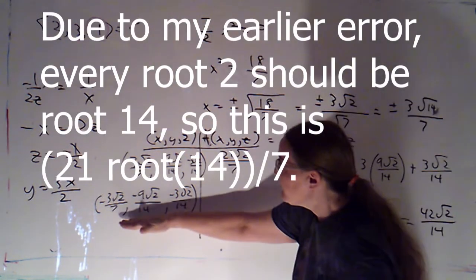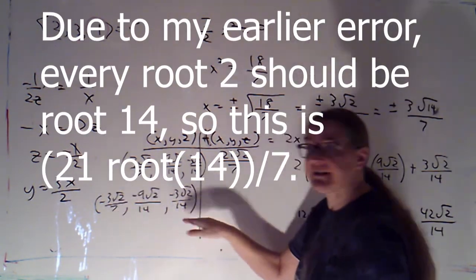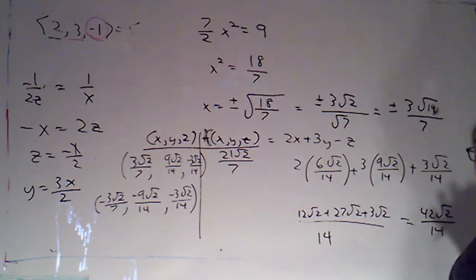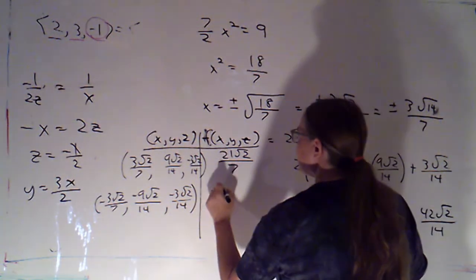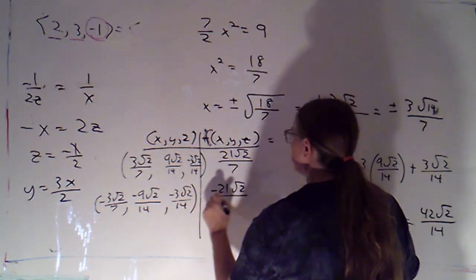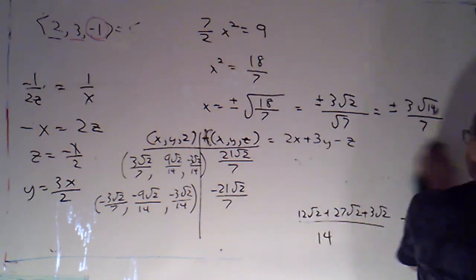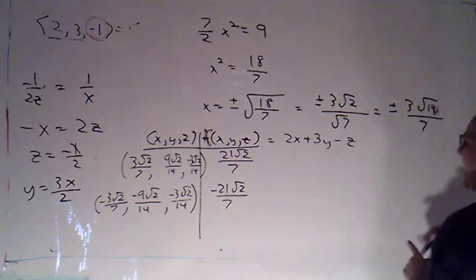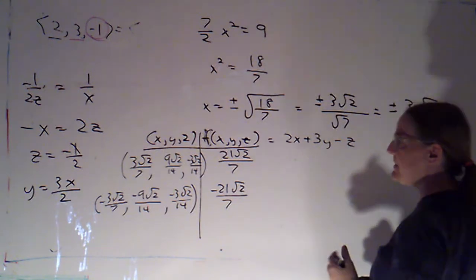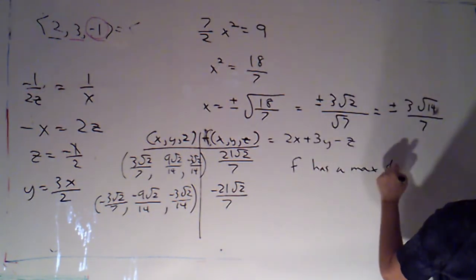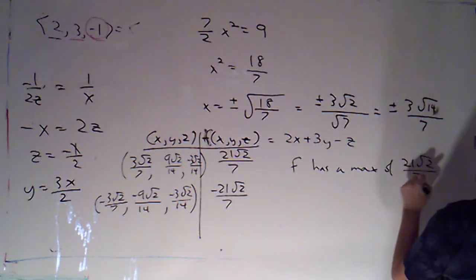Now, with my second point, x, y, and z are just the exact opposite signs. That's just going to change the sign of each of these terms. So I'm going to get exactly the opposite result, negative 21 root 2 over 7. So pretty clearly, the positive one is going to be my max, and the negative one is going to be my min. So f has a max of 21 root 2 over 7.